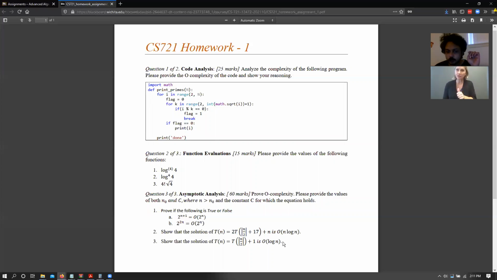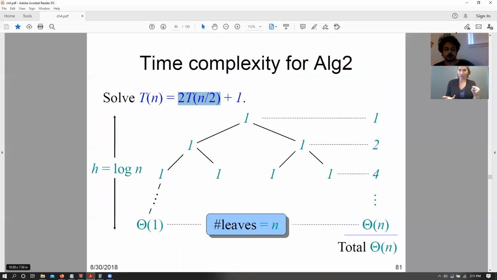Is it going to be big O of log n? So for the third question, you have to tell me whether the statement is true or false. If it is false, you have to tell me why it is false. If it is true, you also have to tell me why. Okay, so this was the merging complexity for merging both of those parts together.